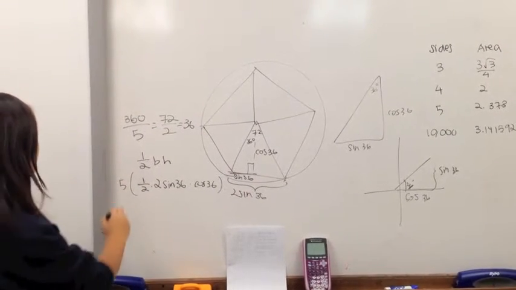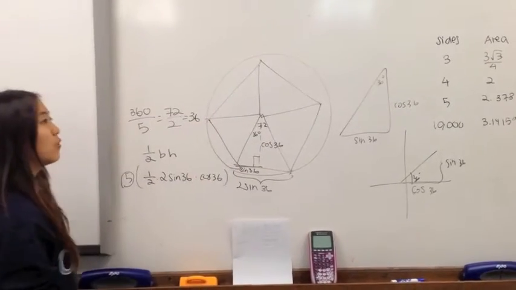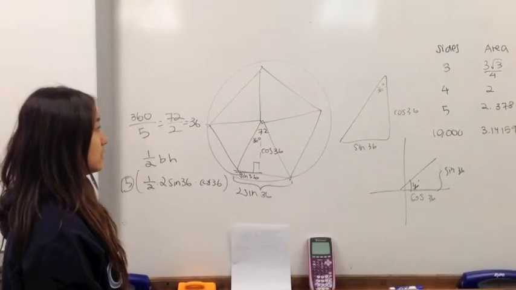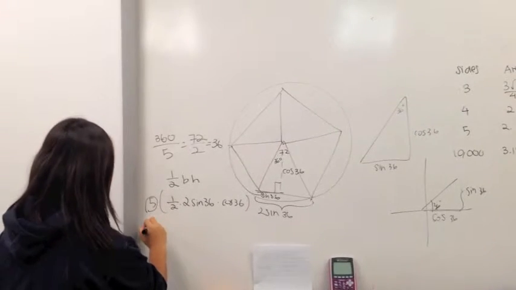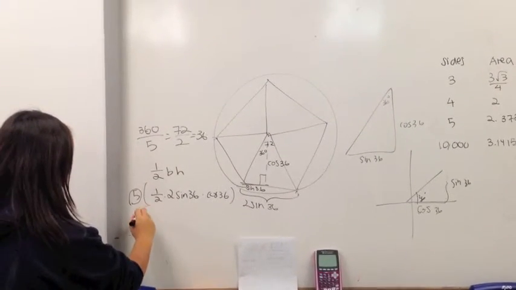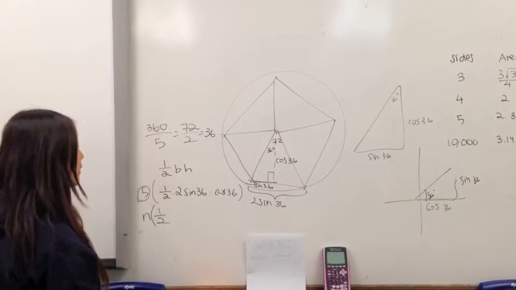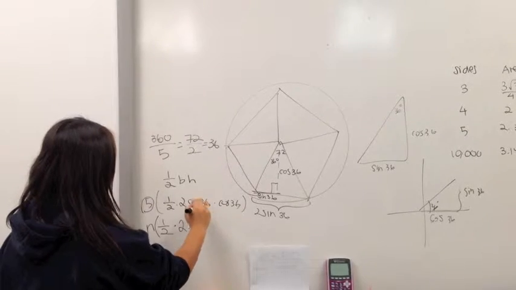As you can see, this number is the same as the number of sides in a polygon. So if the polygon has more than 5 sides, it could be 100,000 or 3. We'll just make the number of sides represent n. And then we would do the same thing here, 1/2, because that's the general equation for triangles, times 2 sine of angle.